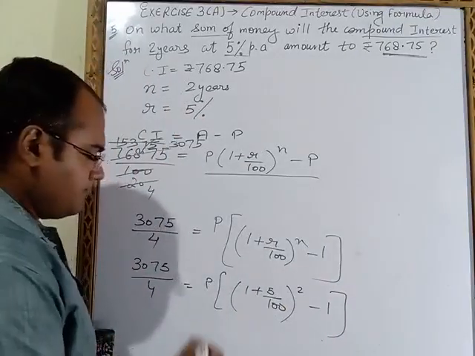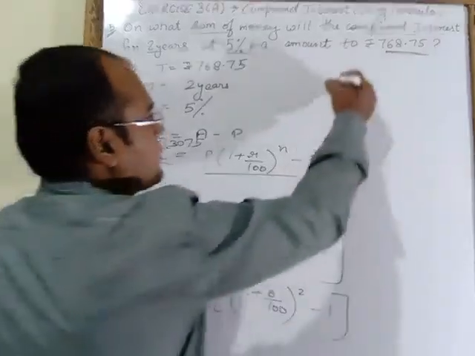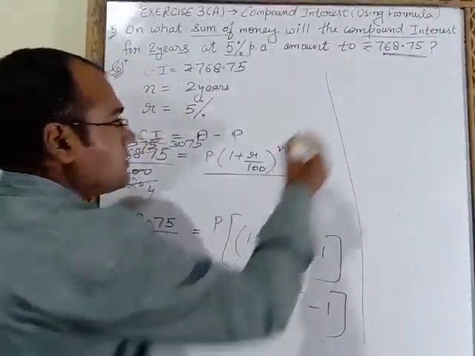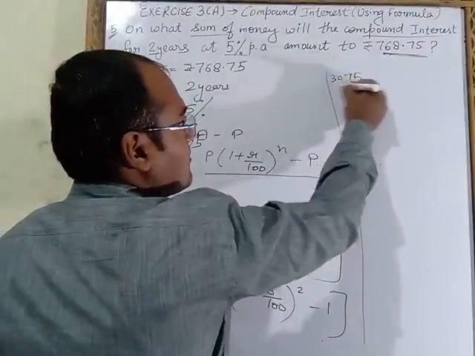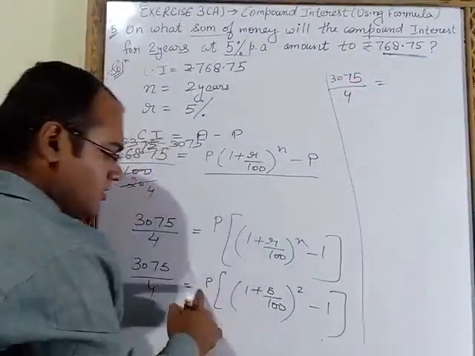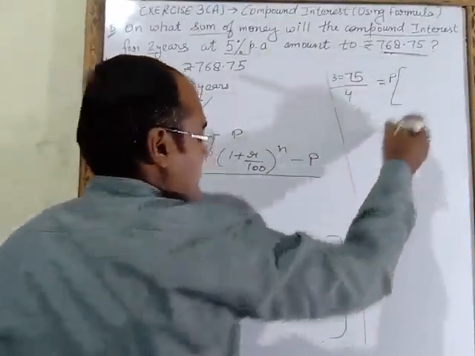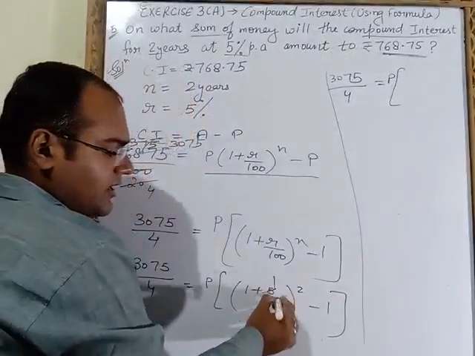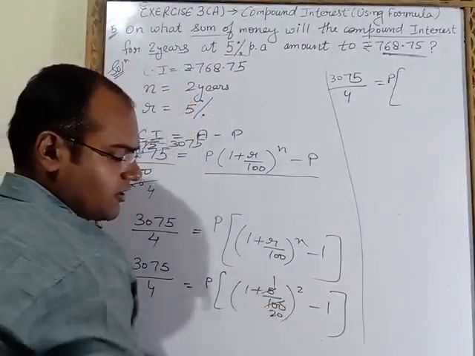Now next step, on the left side we have to write it as it is. 3075 upon 4 is equal to P bracket, here we can cancel these two. 5 times 1 is 5, 5 times 20 is 100.